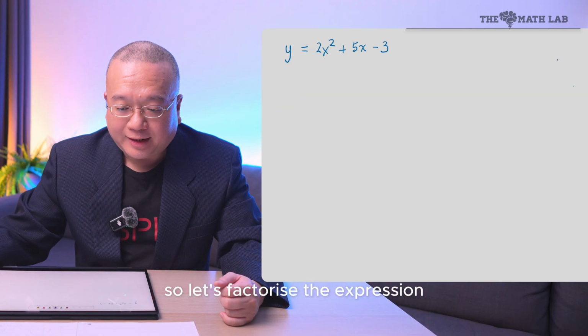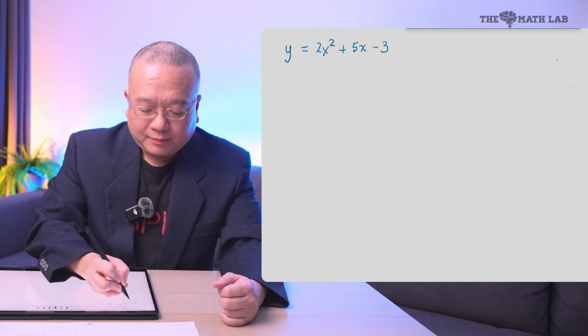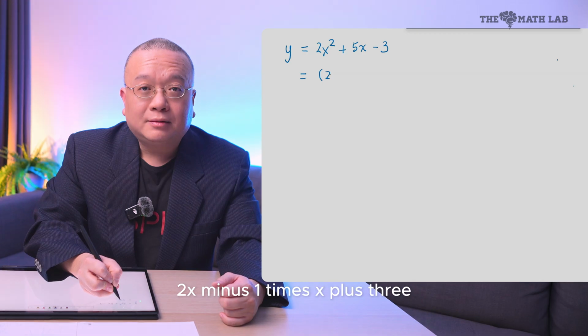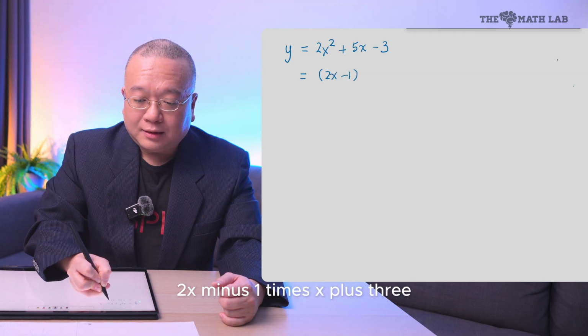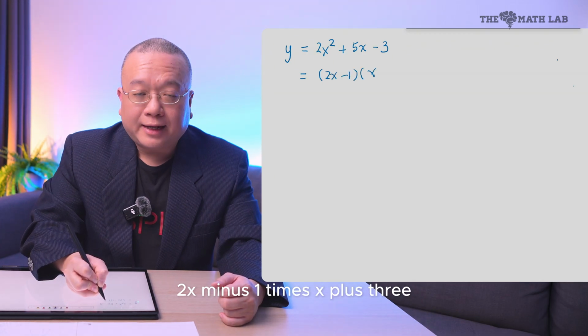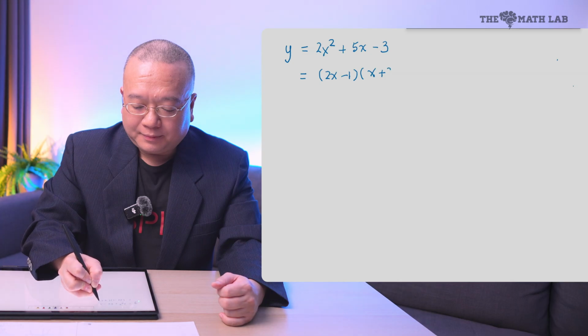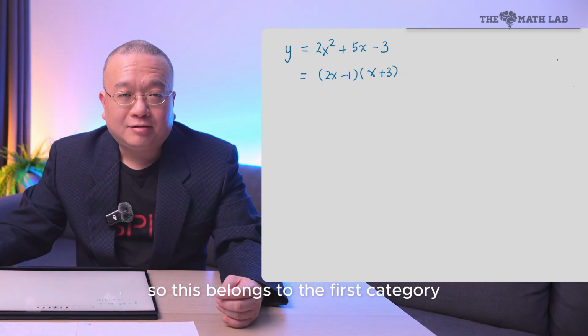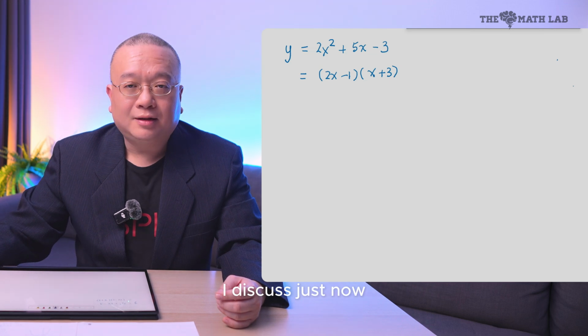So let's factorize the expression. The expression equals (2x minus 1) times (x plus 3). So this belongs to the first category I discussed just now.